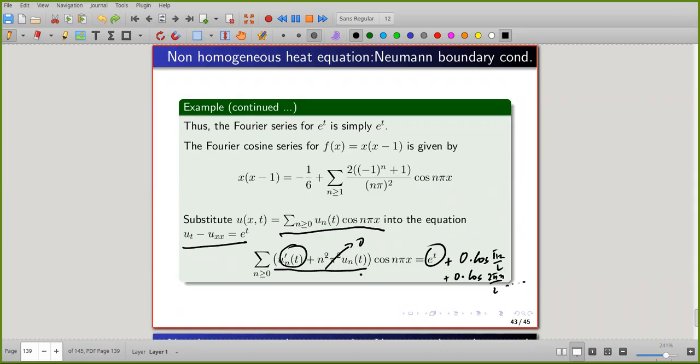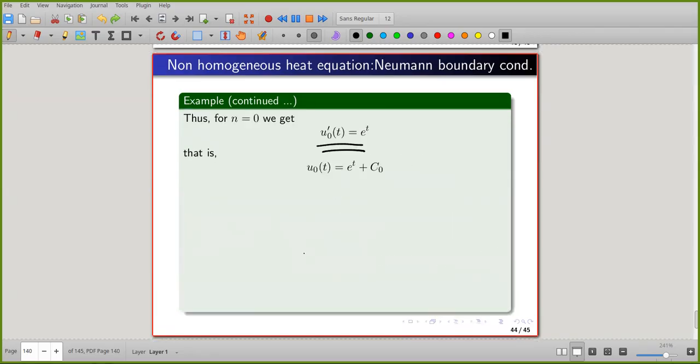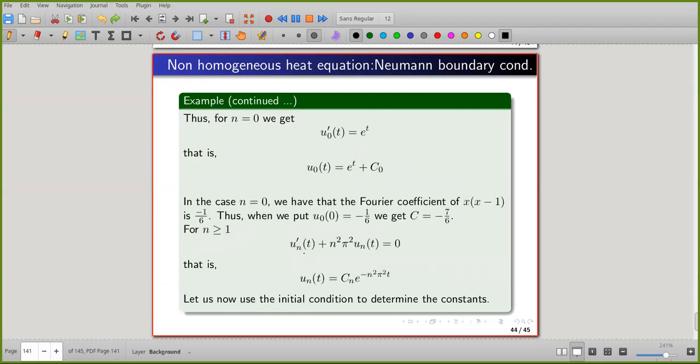So when n equal to 0, the differential equation we get is u_n prime t is equal to e to the power t, and we have the initial condition. In case n equal to 0, the Fourier coefficient of x into x minus 1 is minus 1 upon 6.